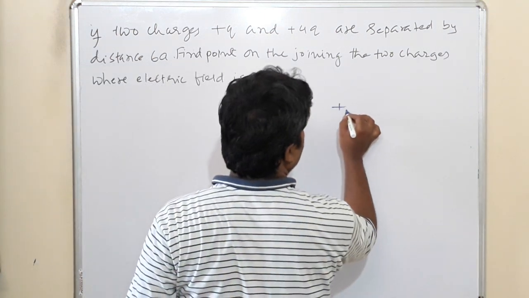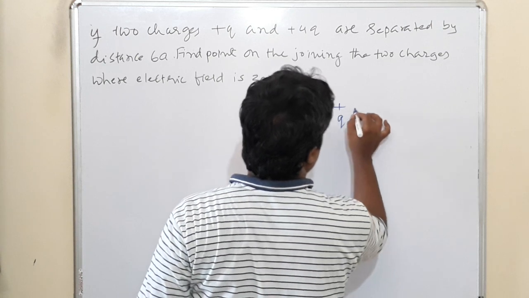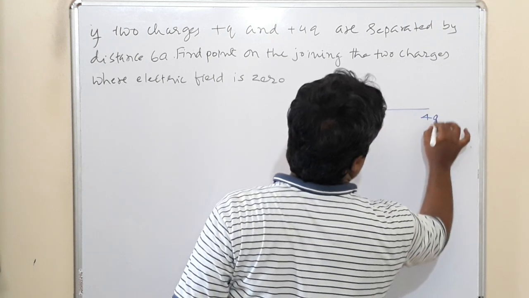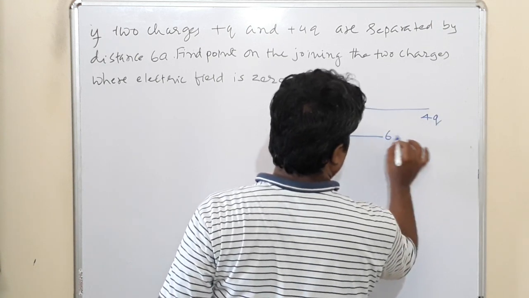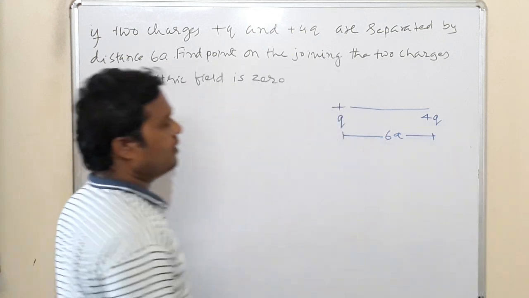See, this is plus Q, this is plus 4Q, and the distance between them is 6a.